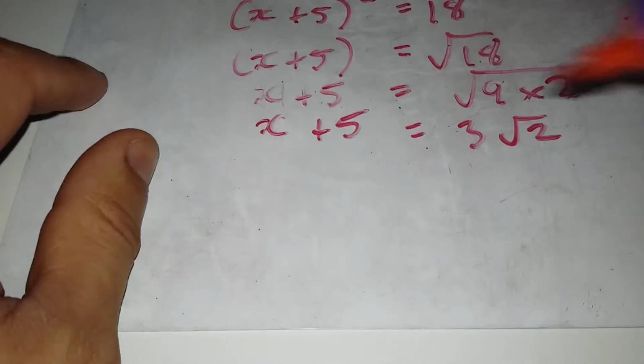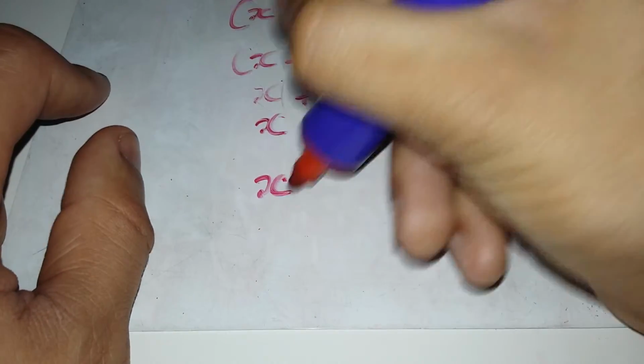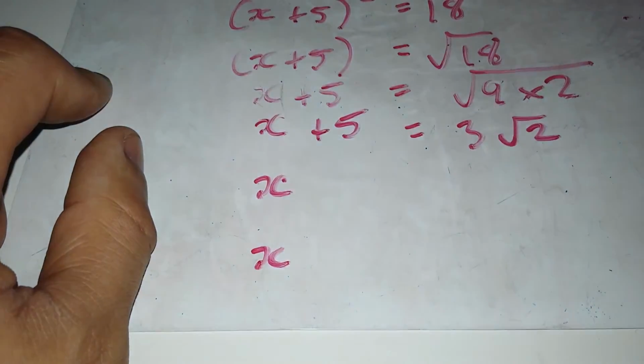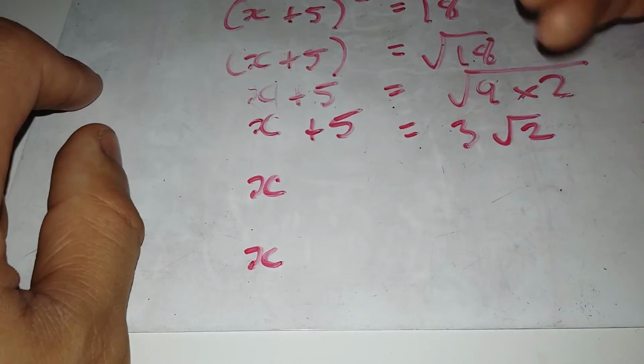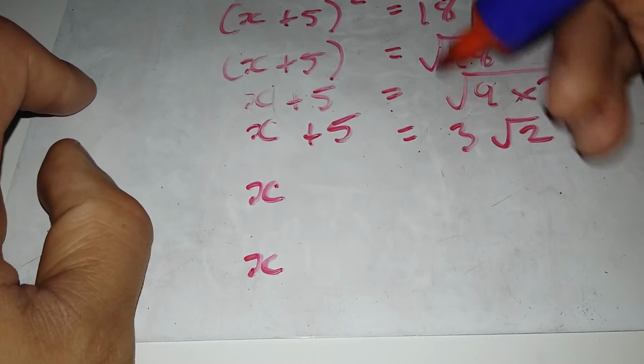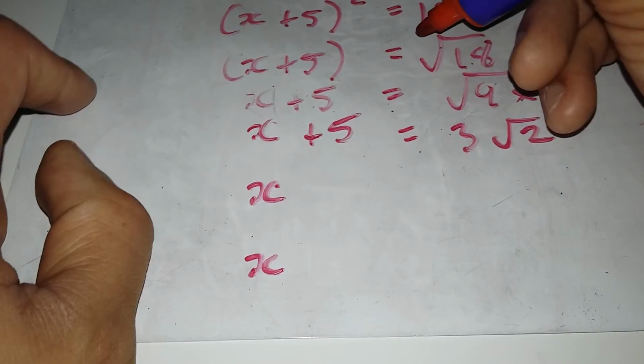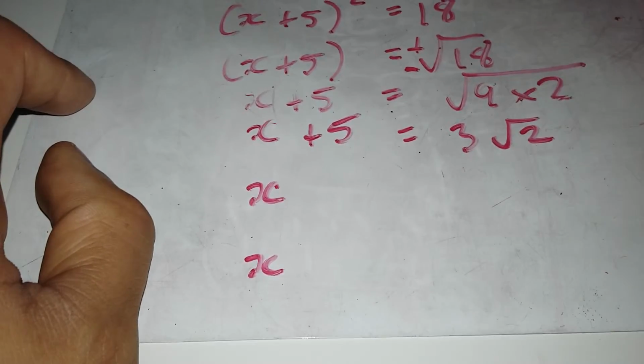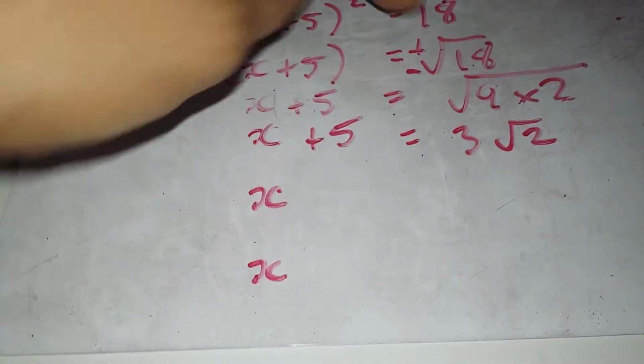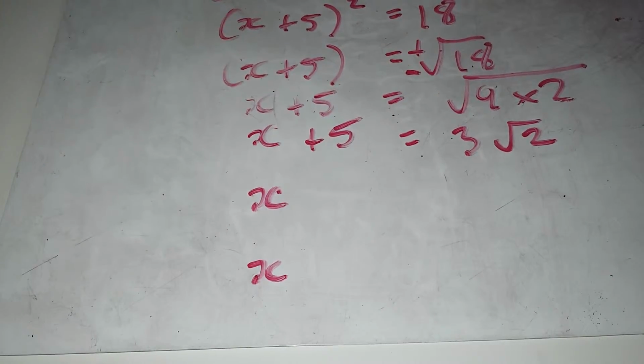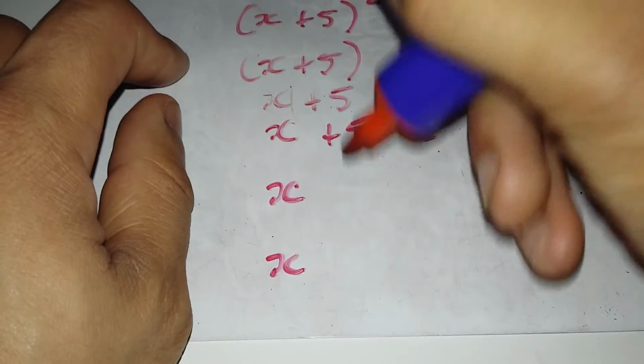Okay, so we're nearly there. x is going to have two solutions because this is going to be plus or minus the square root of 18, I should have said earlier, because the square root of 18 has two solutions. So x is going to have two answers.